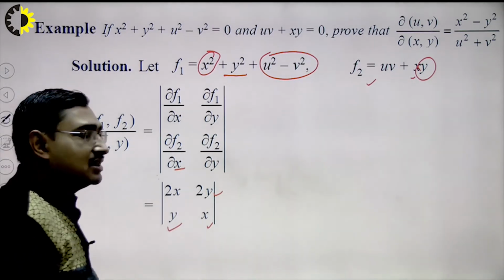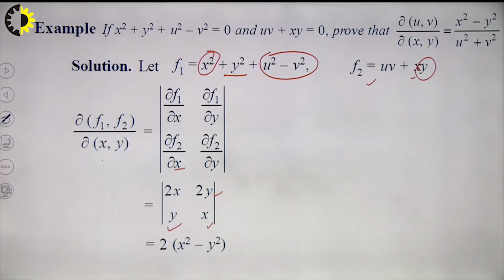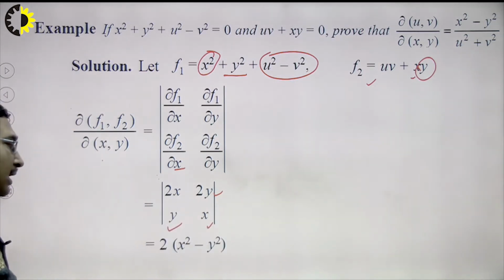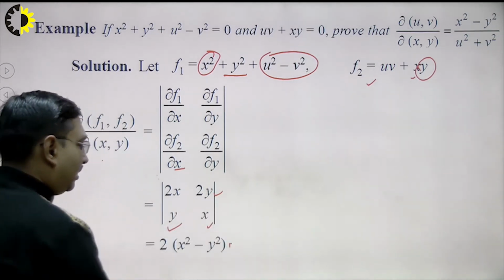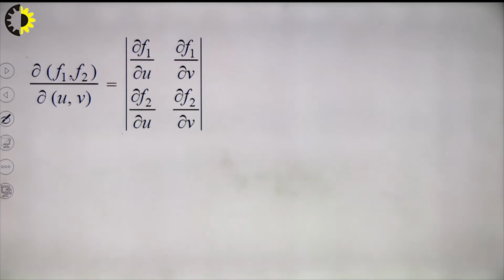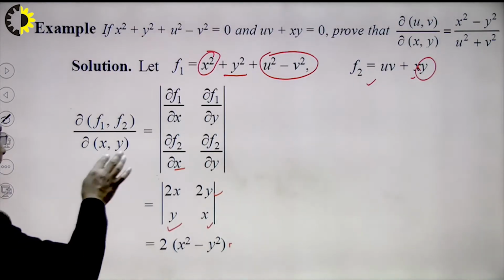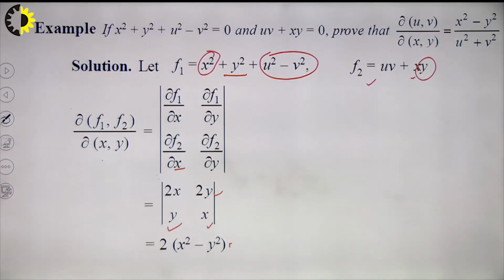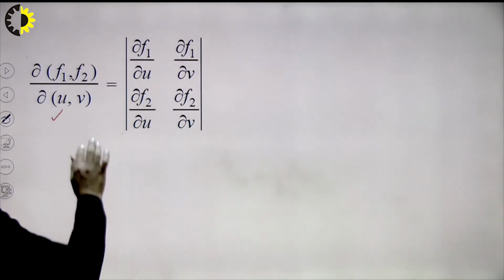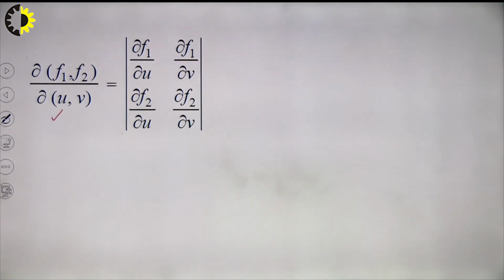Now we shall simplify this Jacobian. It is not difficult to simplify it. By directly expanding, I obtain twice x square minus twice y square, which is twice of x square minus y square. Thus, the first Jacobian del f1 f2 over del xy is calculated. Now we calculate another Jacobian, which is del f1 f2 over del uv.